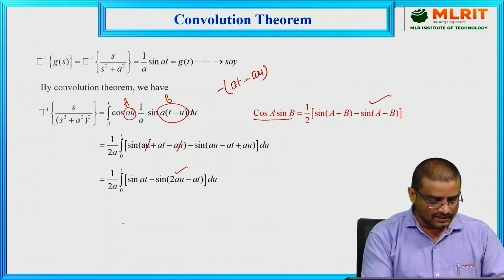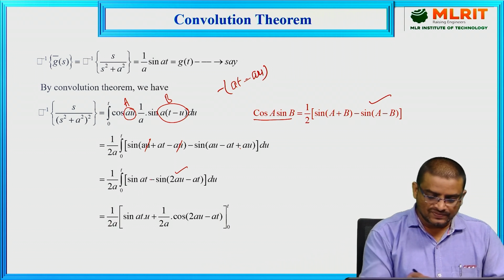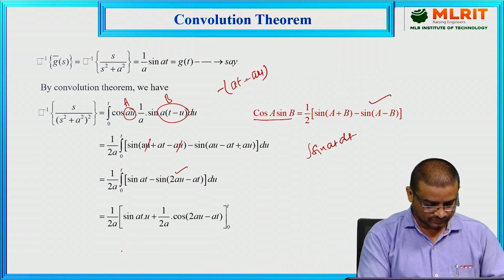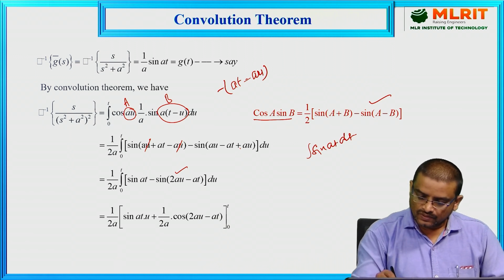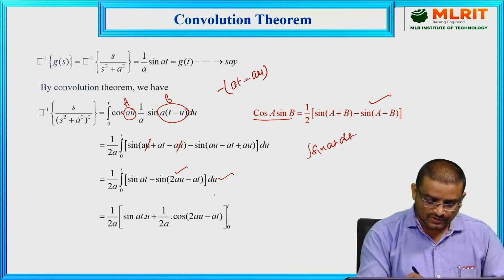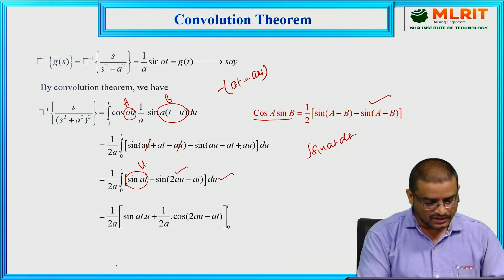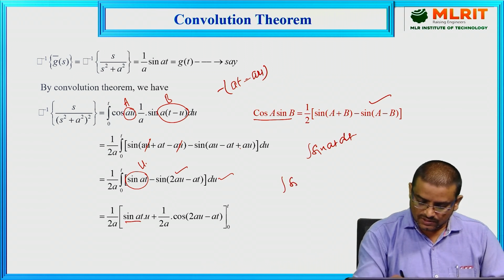Now apply the integration here. So 1 by 2a integral of sin at and integral of sin of 2au minus at.